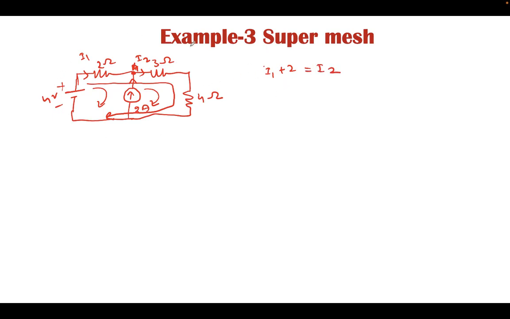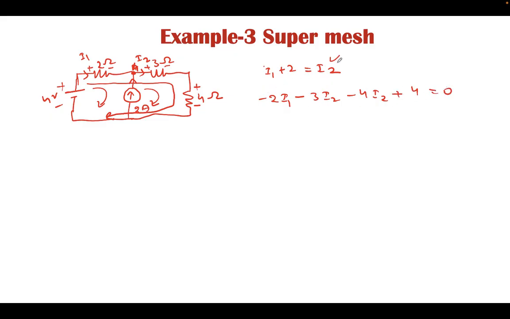Now apply the KVL in this overall network. If current is flowing in this direction, this is plus, this is minus, this is plus, this is minus, this is plus, this is minus. This potential is already defined. It will be minus 2I1, minus 3I2, then minus 4I2, then moving from lower to higher, plus 4 is equal to 0.